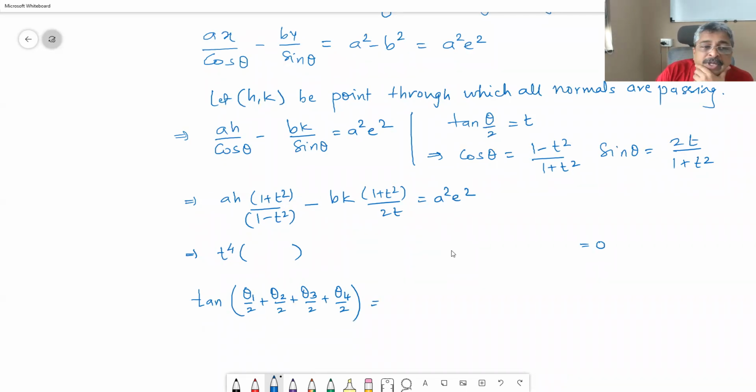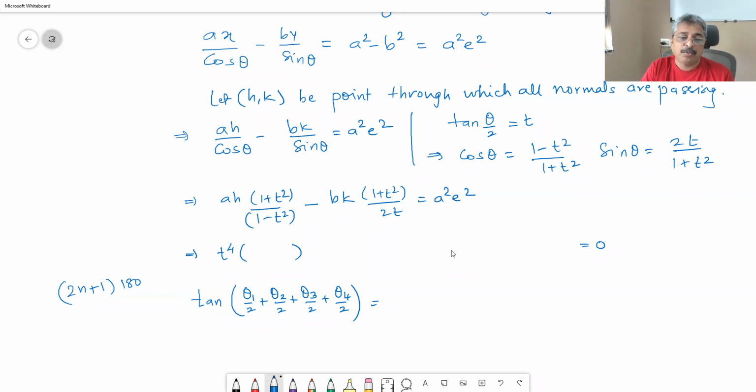Because we are supposed to prove that the sum of eccentric angles of the feet is equal to an odd multiple of 180, 2n plus 1. Odd multiple of 90, tan is undefined. That is what we know. So if the result is true, odd multiple of half angles should give us an undefined RHS.